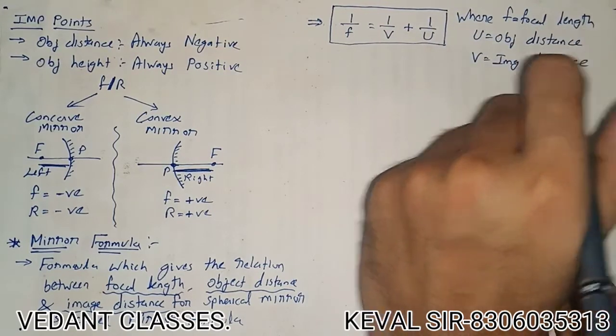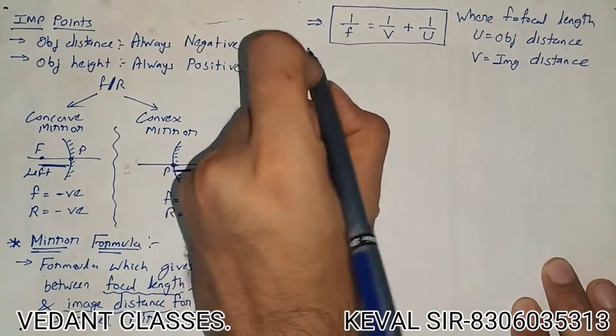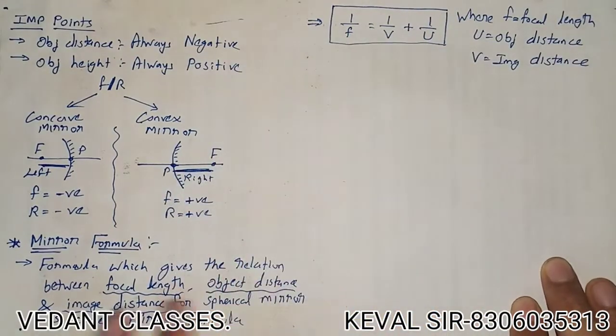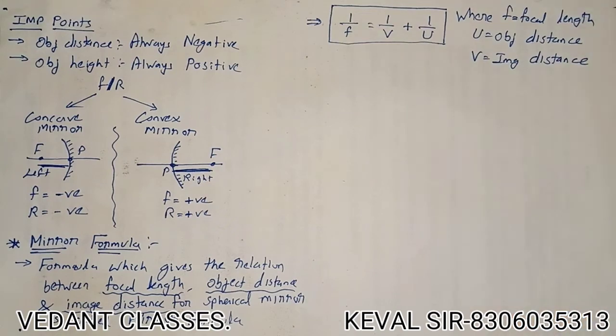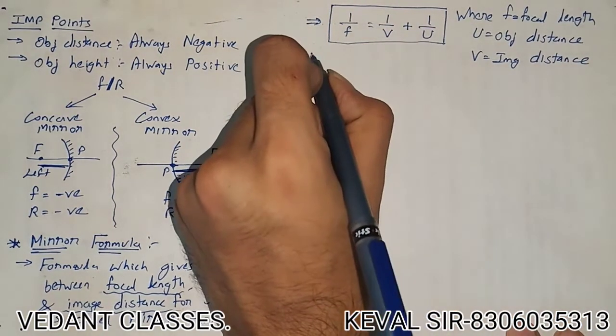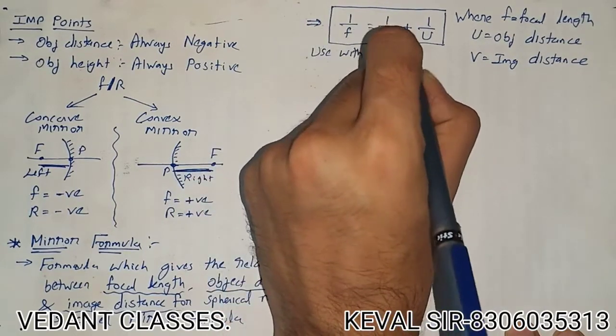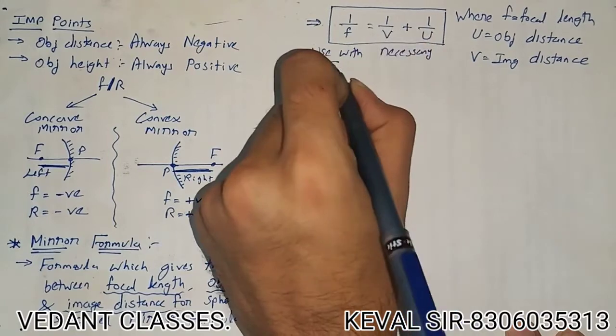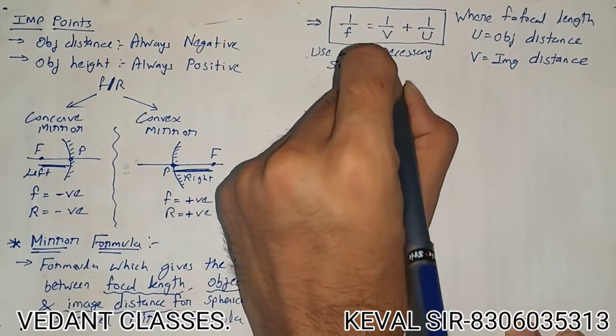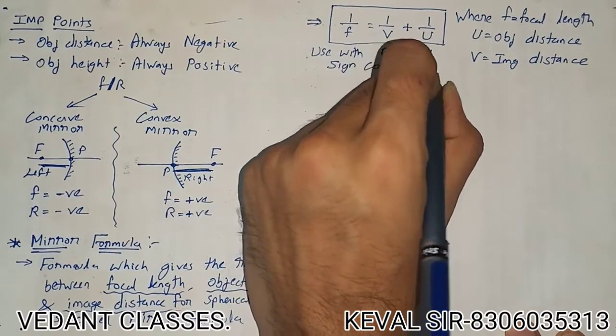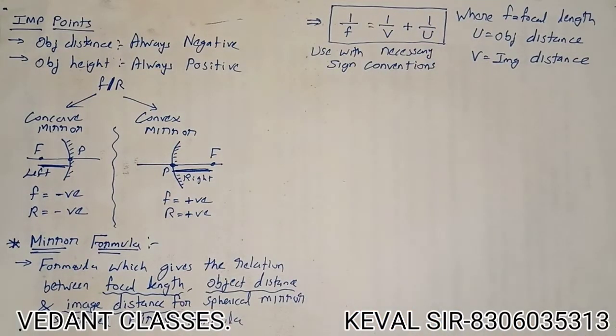So this is a very important formula. Use it according to the sign convention. Whenever you use this formula, just consider the sign conventions. When we solve the sums, we will see how to use the sign conventions using this formula, okay.